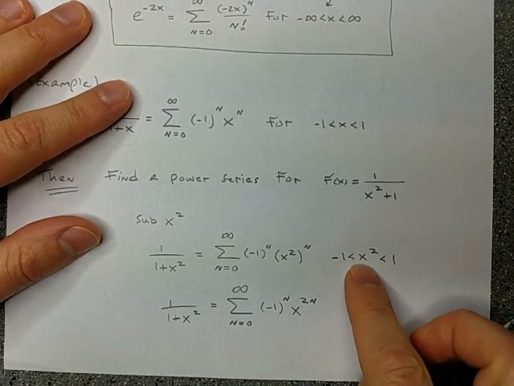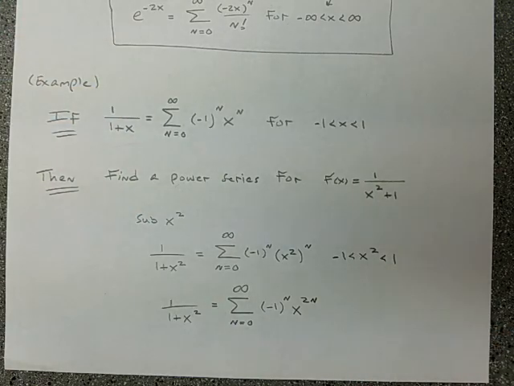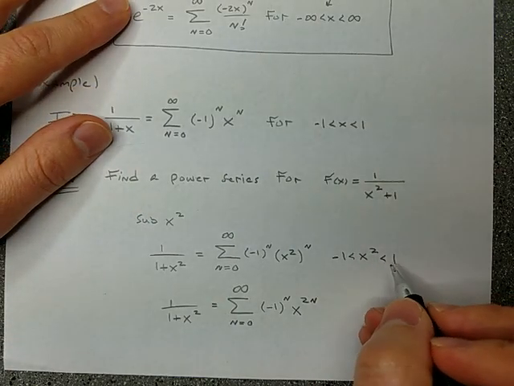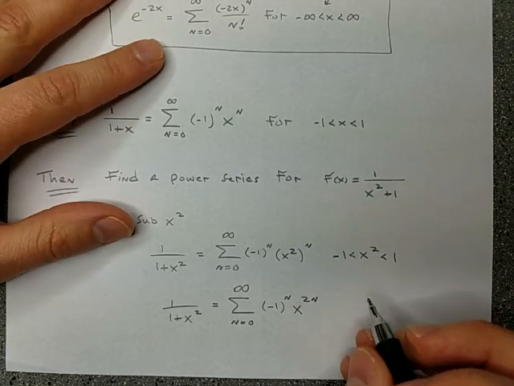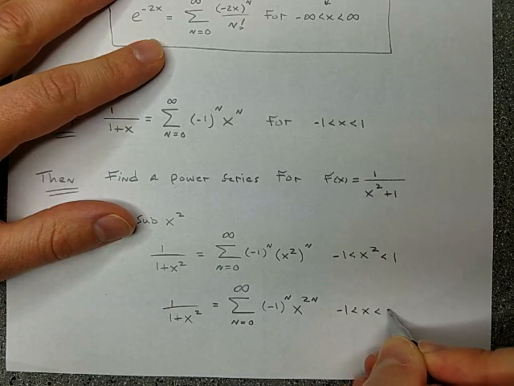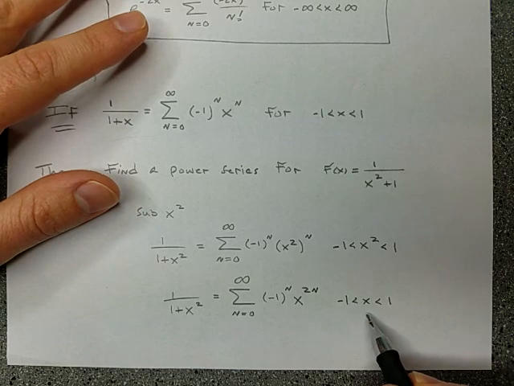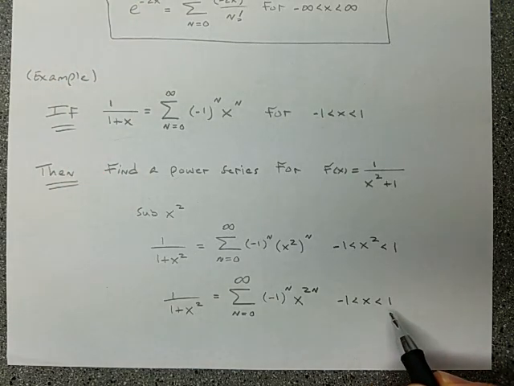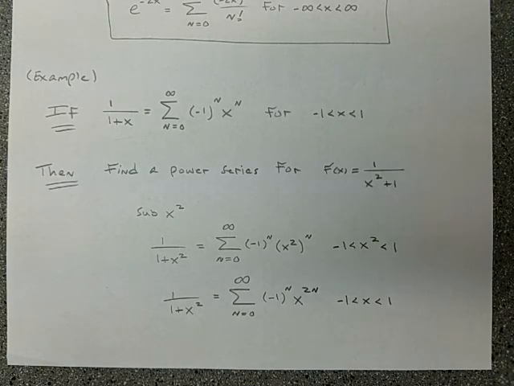What about this? If x squared is between negative 1 and 1, what's x between? 1 squared is 1, and negative 1 squared is also 1. I know that's a really brief explanation of why you get there, but if x is between negative 1 and 1, then x squared will be between negative 1 and 1, and vice versa.